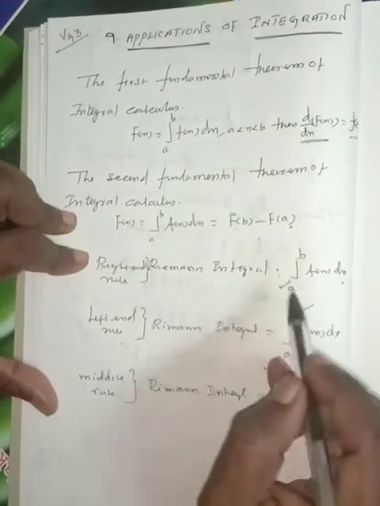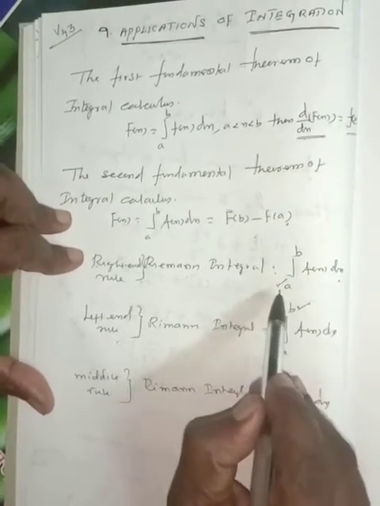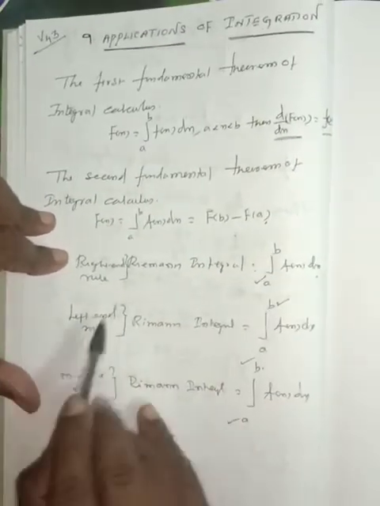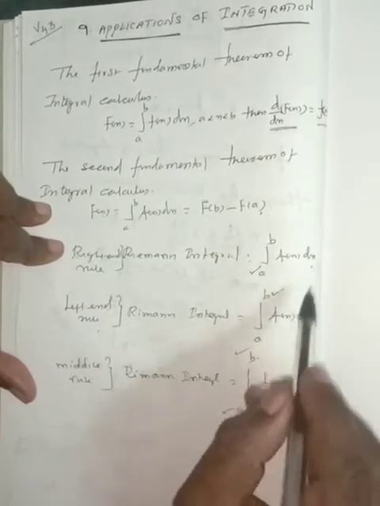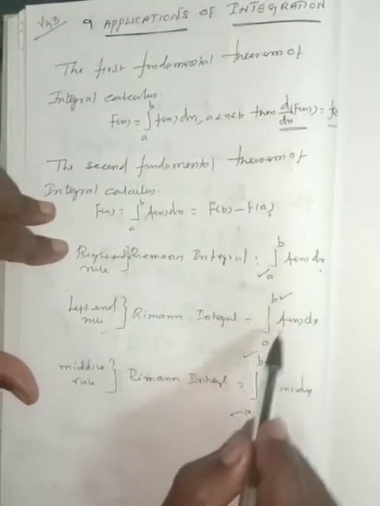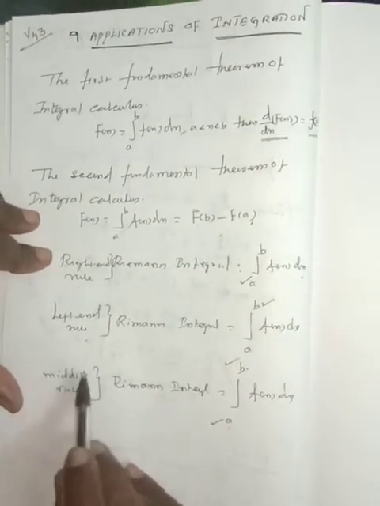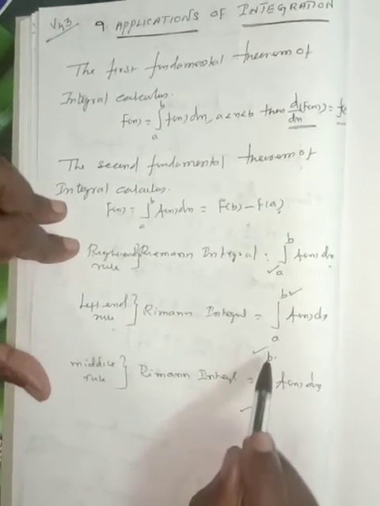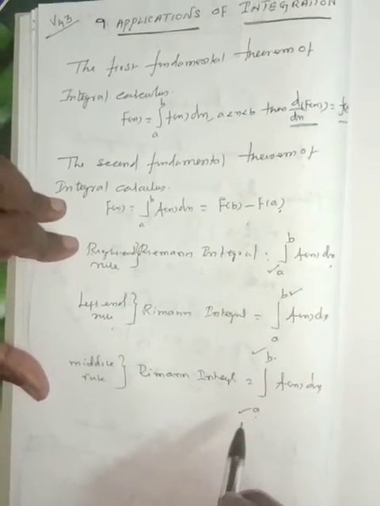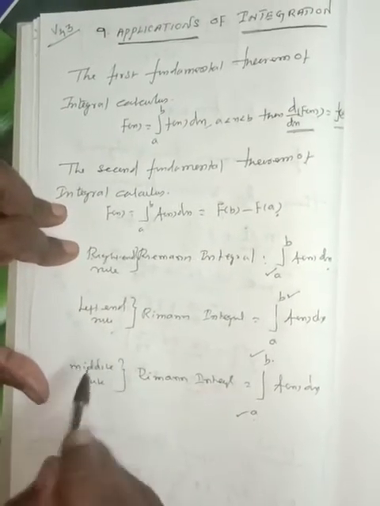First, the right rule, including the lower limit and excluding the upper limit. Next, the left hand rule of the Riemann integral, including the upper limit and excluding the lower limit. The middle rule of the Riemann integral is the integral from a to b of f of x dx, including the lower and upper limit, taking the midpoint.